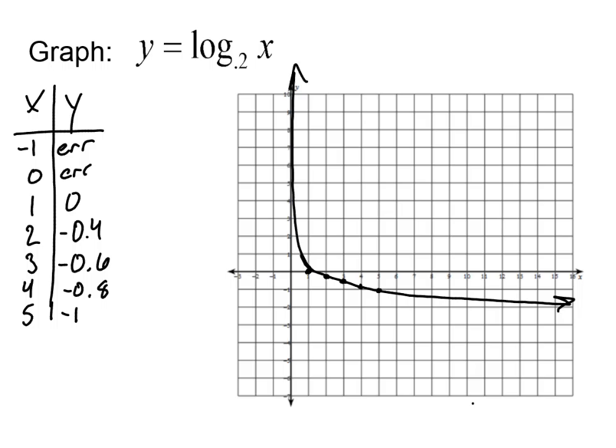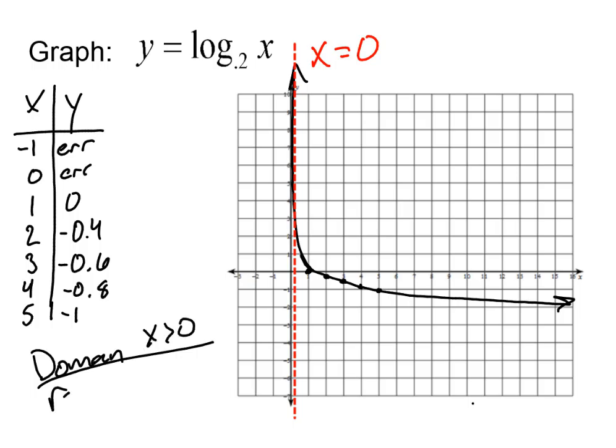Where is the asymptote? Again, it's sitting right along the y-axis, which crosses the x-axis at x equals 0. Domain, one more time, is all the x's to the right of 0, so x's that are bigger than 0. And our range, since the graph goes up and down forever, is all real numbers.